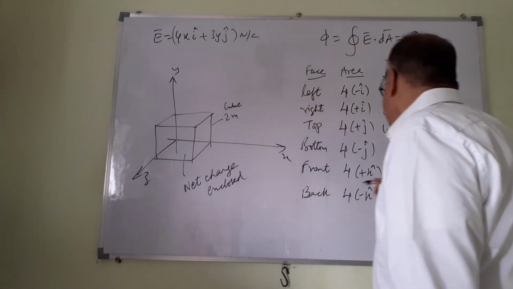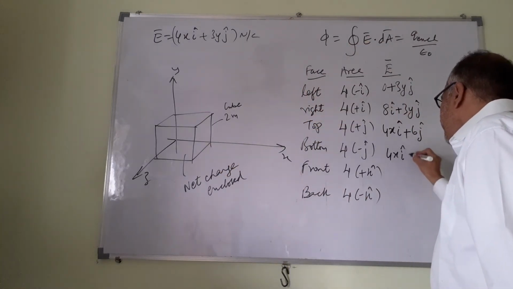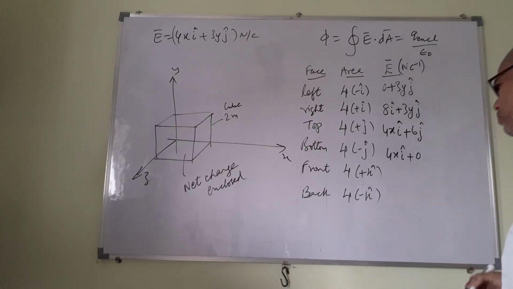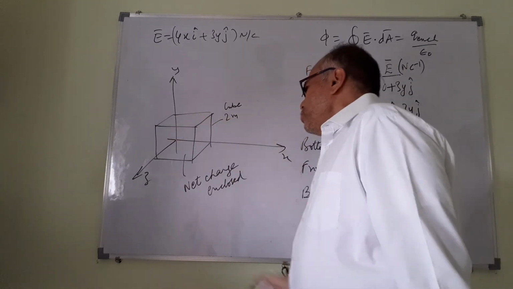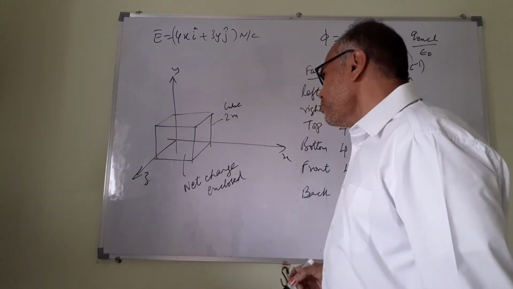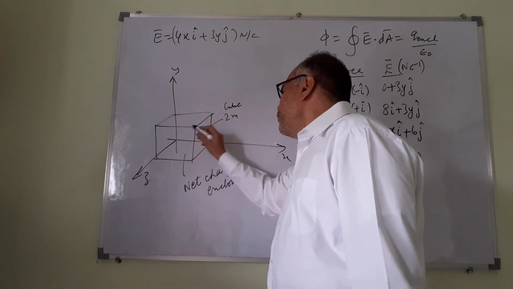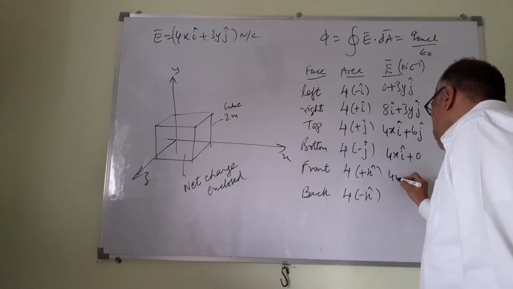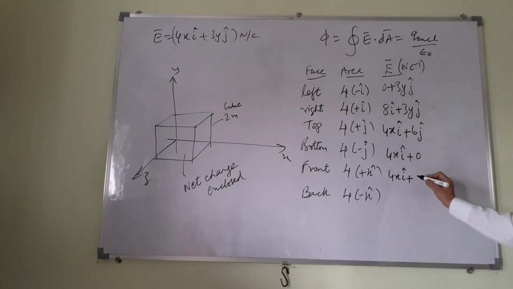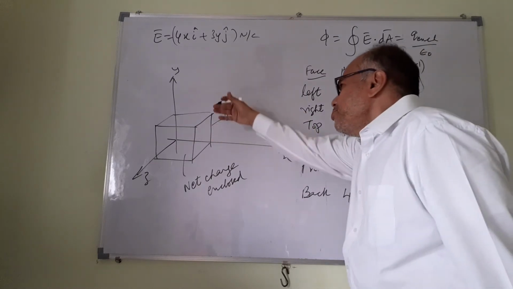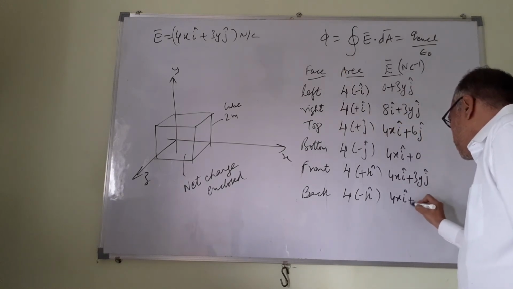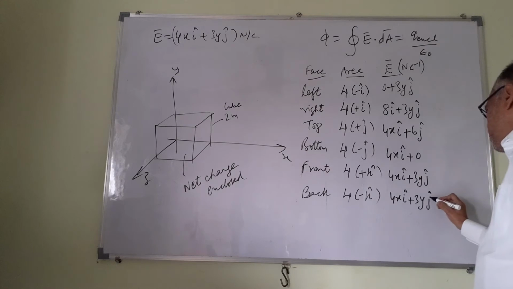I will keep changing, so it will be 4xi plus 0 Newton per Coulomb. For the front face, both x and y will vary, so we will write it as 4xi plus 3yj. For the face behind, again it will be 4xi plus 3yj.